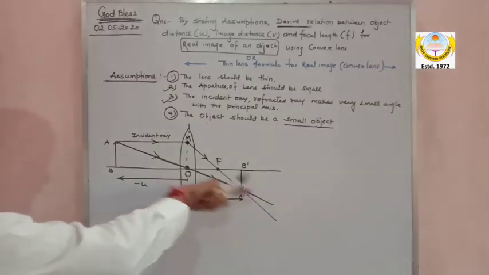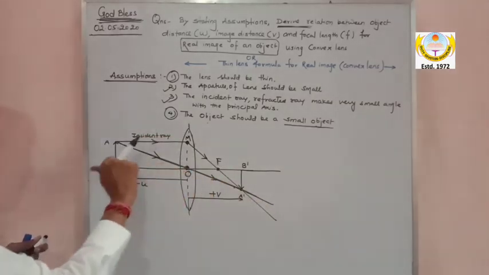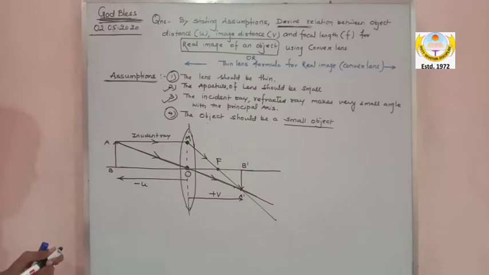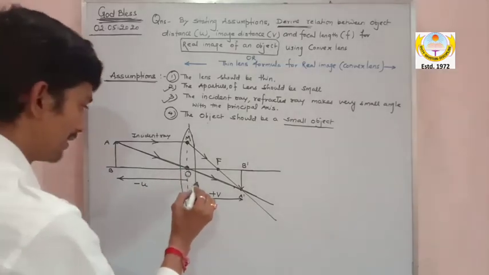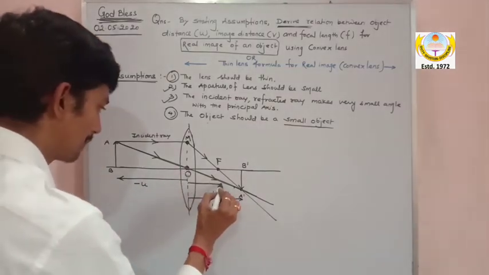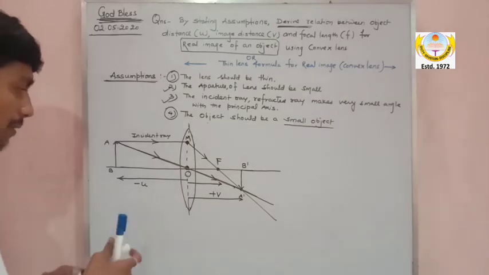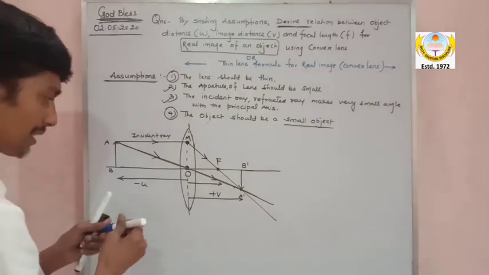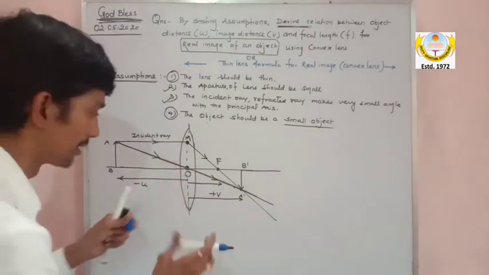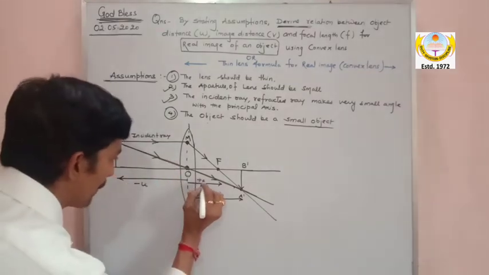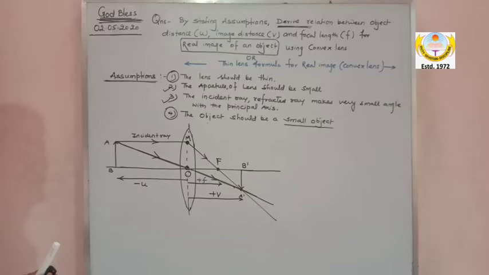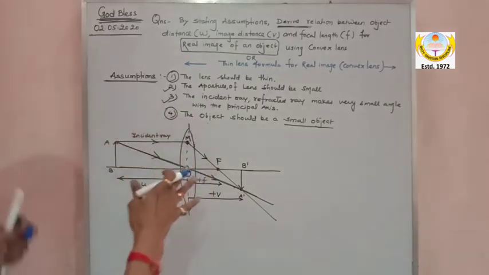Because this is in the direction of the incident ray, and this is minus because it is opposite to the incident ray. And here, my dear, you can mark from optical center to principal focus. For a convex lens the focal length is always positive, so here it is plus F. So I hope the diagram is clear.